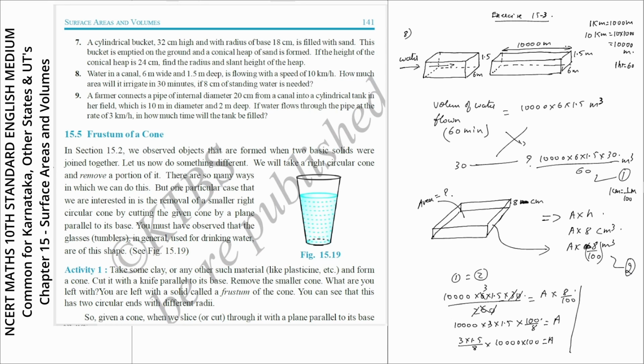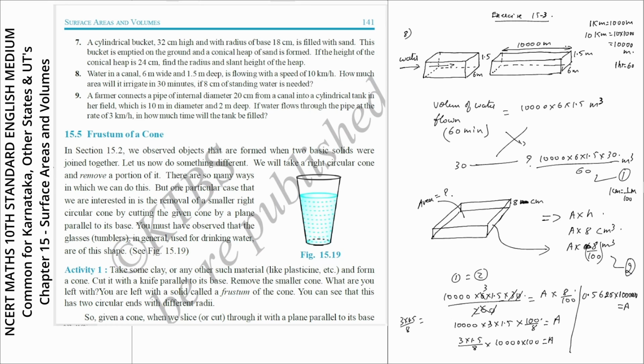Now 3 into 1.5 by 8 you will get as 0.5625. So 10,000 into 100 means 1 followed by 6 zeros. This is equal to area.